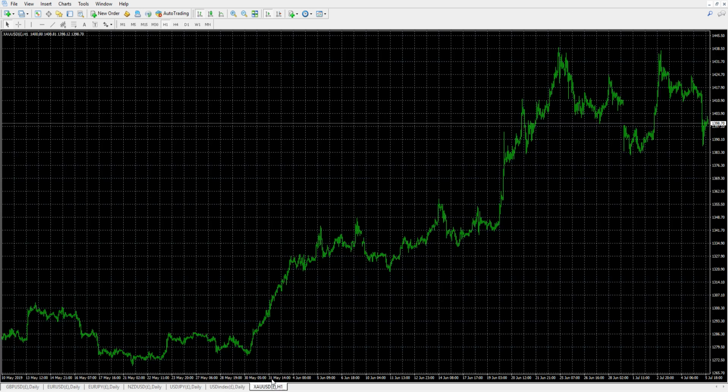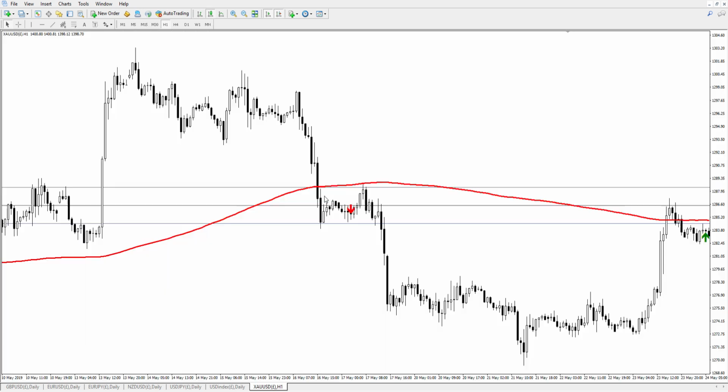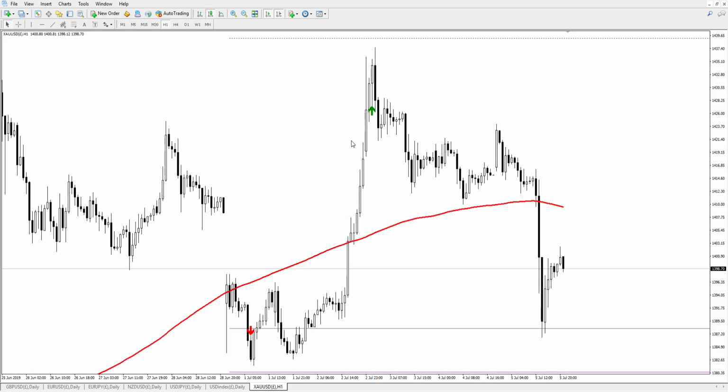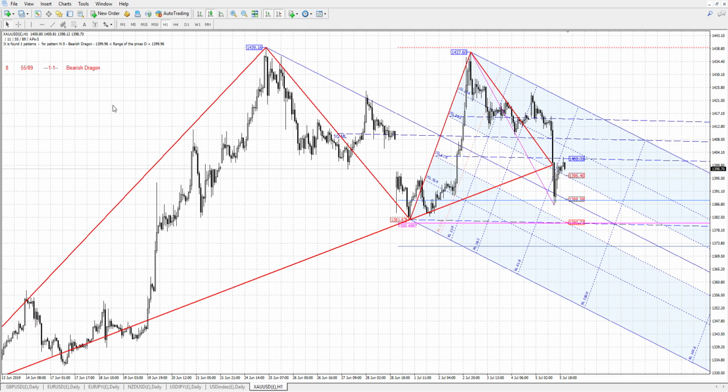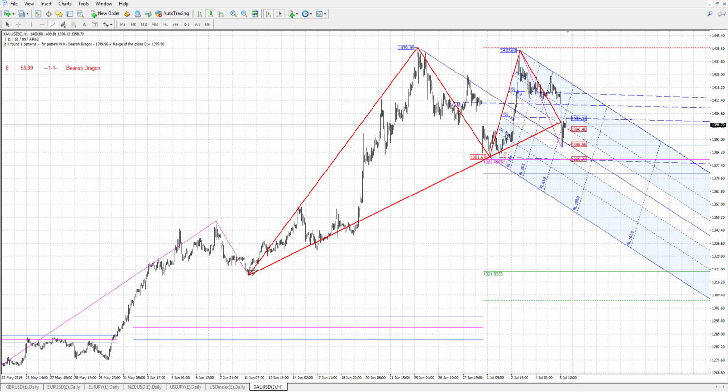And last but not least, gold. Okay, so bearish dragon on the hourly. So we can maybe zoom out there, see where that ends up.